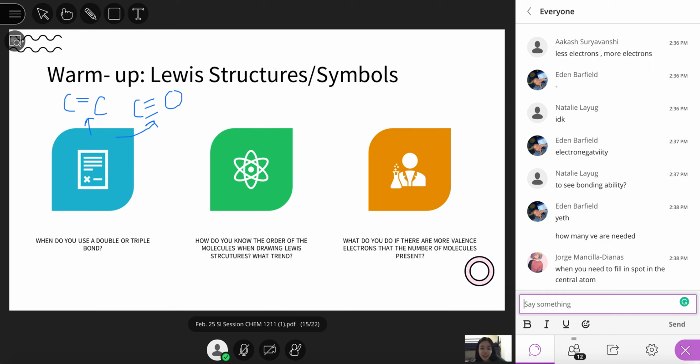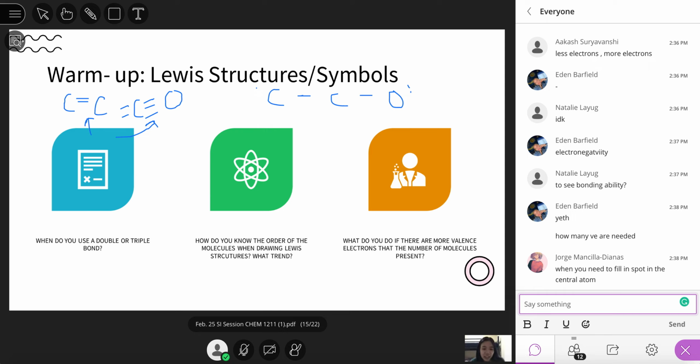So when you put it all together, for example, double, triple bonds. Let's say you have too many valence, so you filled up all your valence electrons. Let's say you have this, and it's equal to C, so you have CCO or something. Let's say you used up all your valence electrons on the side. You're done. You don't have any more. You only have, for example, 12. You used all 12. What do you do?